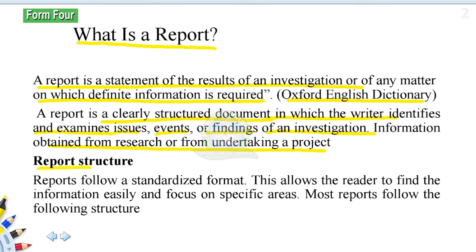Okay, report structure. Reports follow a standardized format. This allows the reader to find the information easily. So all the reports have a similar structure. They are different in some places, but it's a standardized structure.